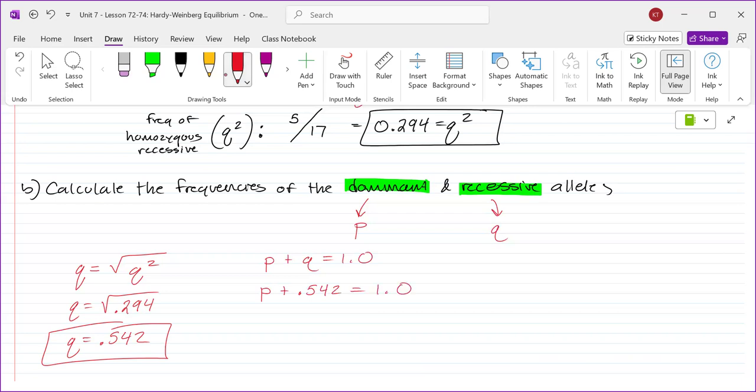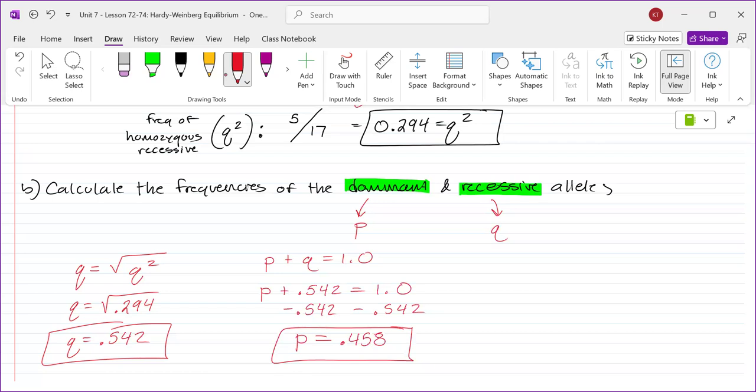Subtract 0.542 from both sides. What does p equal? 0.458. There they are. p and q have been calculated.